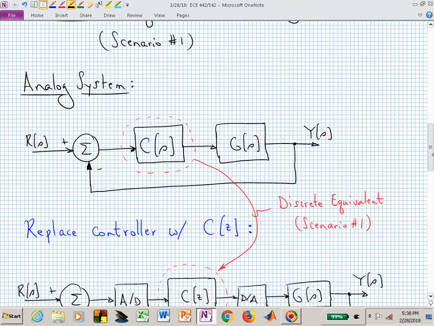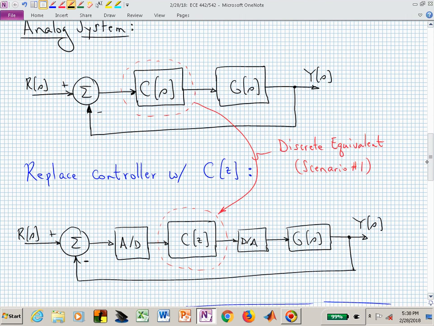Here, what we want to do is simply say, how do we replace this analog controller, which might be op amps and resistors and capacitors, with something that we can implement in a digital way, in a computer, in a microcontroller, in a microprocessor? We want to know, how do we come up with this discrete time transfer function if somebody has given us a C of s?